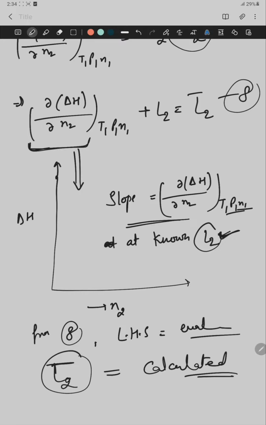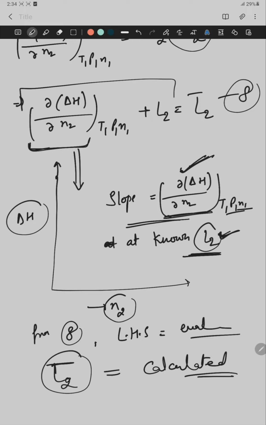In equation number 8, if we plot a graph between delta H versus N2, the slope of this graph will give the value of this differentiation. And if L2, that is for the pure solute, is already known to us, then the left hand side of equation number 8 is known either from the graph or from already known values, and on the right side L2 bar is given.